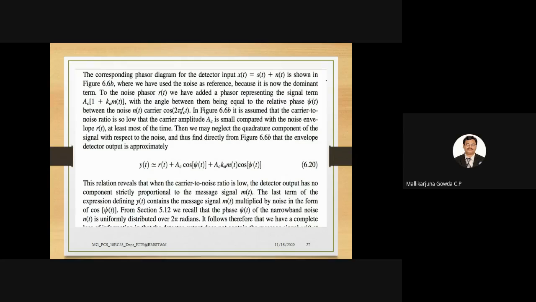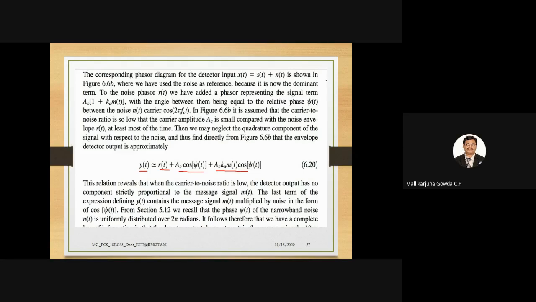This is the expression we get for the output. The output of the envelope detector is not directly proportional to the message signal, because there is no message component in these terms.